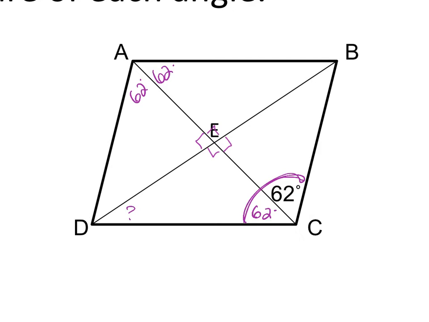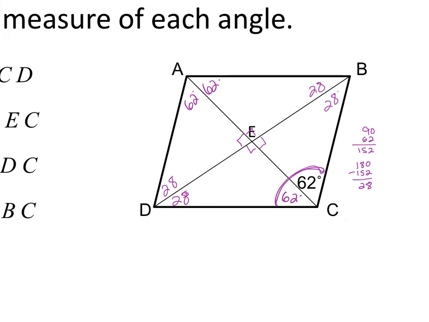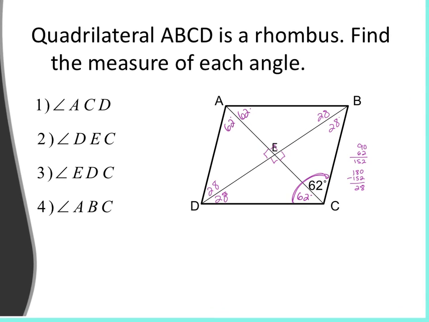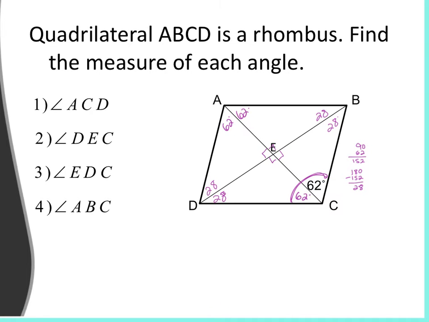Can I find this angle? How? 90 plus 62. Good. 90 and 62 is 152. Subtract from 180. This is 28. This is 28. This is 28. This is 28. So all you need in a rhombus is one angle, and you can get all the other ones. So ACD is this angle here, 62.